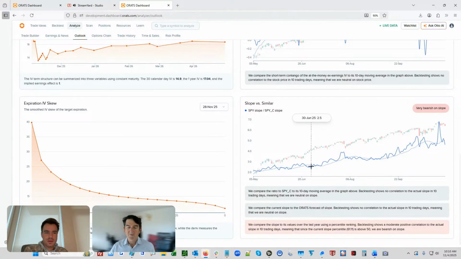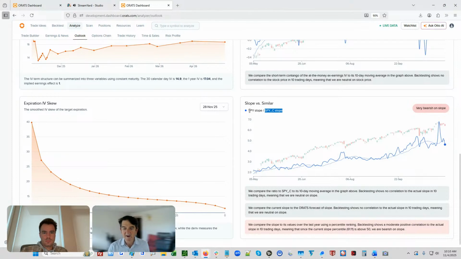So we don't want to look at SPY in a vacuum. We want to look at the slope of SPY, meaning how steep that is, versus its components.